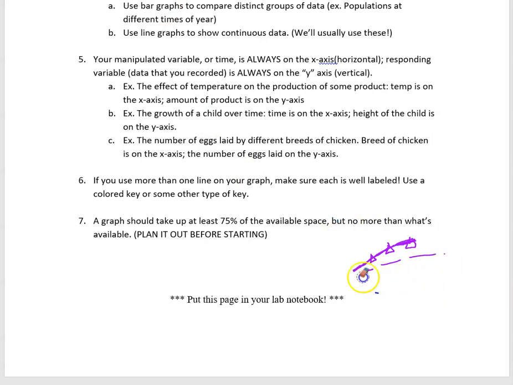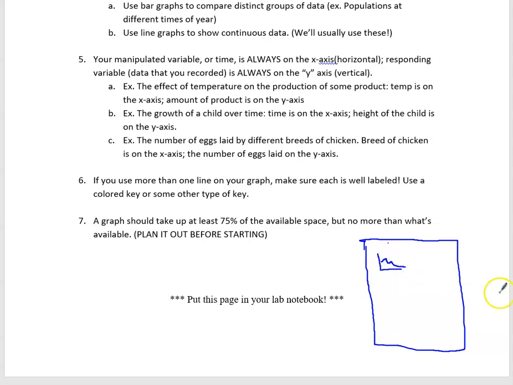Last thing is use at least 75% of the available space. So let's say, for instance, I give you a piece of paper that's this big, and I say, graph this data for me. A lot of times I'll get people that will make a graph like this big, and it's really hard to see what's going on because it's tiny and it's in a little tiny space.